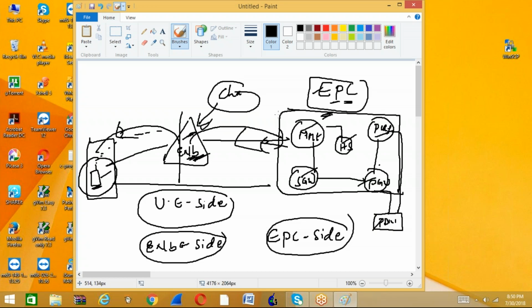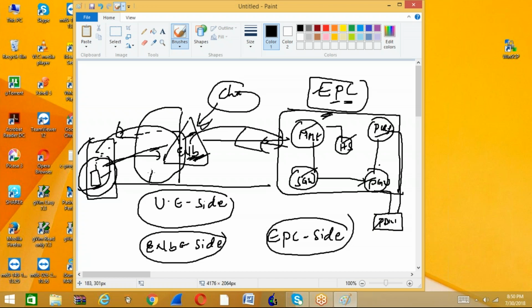But whatever functionalities the eNodeB has towards the UE side, the same functionalities the UE also has towards the eNodeB side. The functionalities are like mirrors.